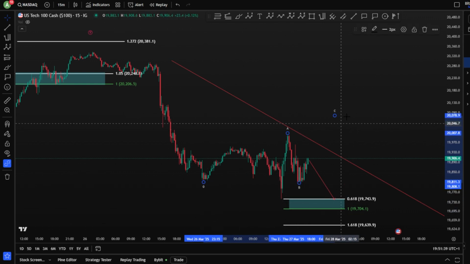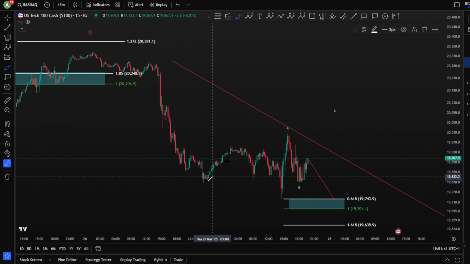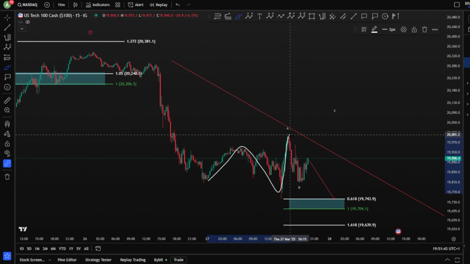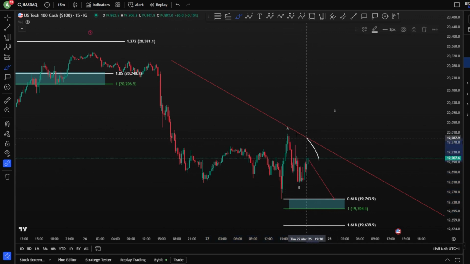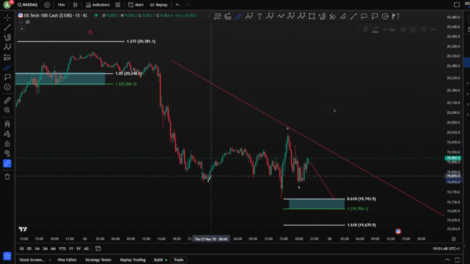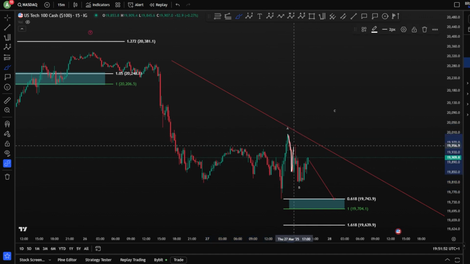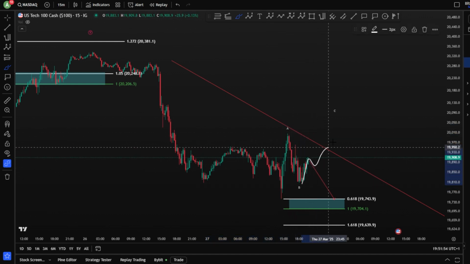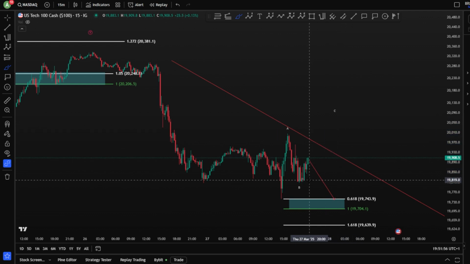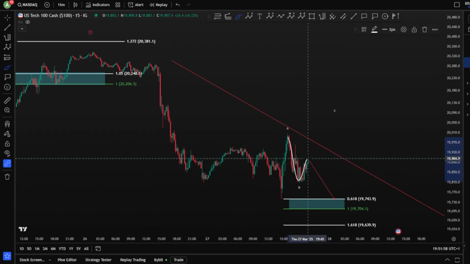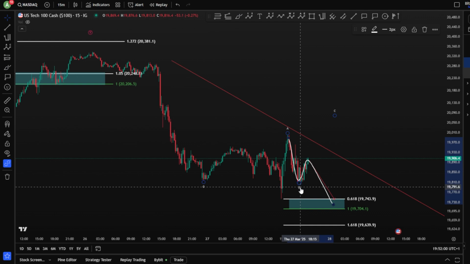So you could count this as ABC finished and you're moving toward the downside, but this was not given. Therefore we have transformed this to an A and another B, and therefore we're looking for a wave C. Potentially as well, don't forget that the wave B can even move lower.